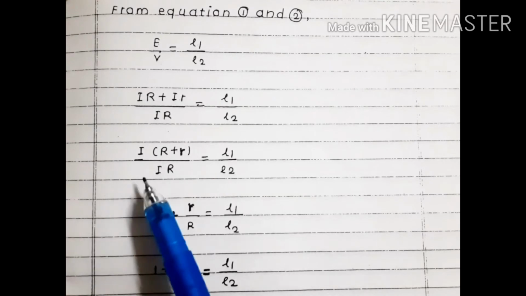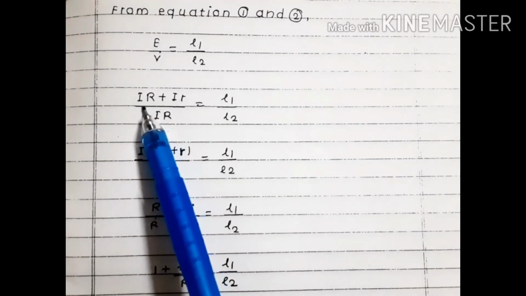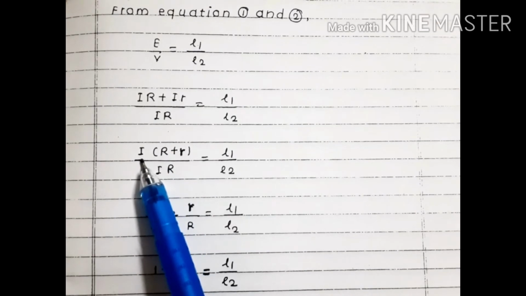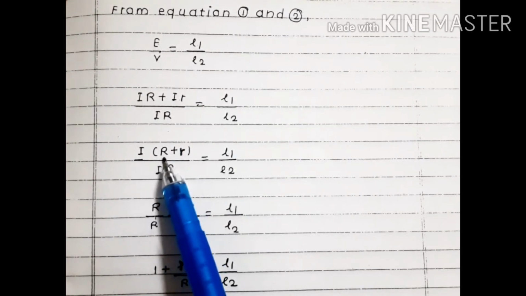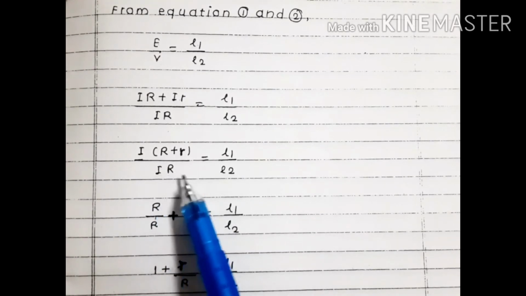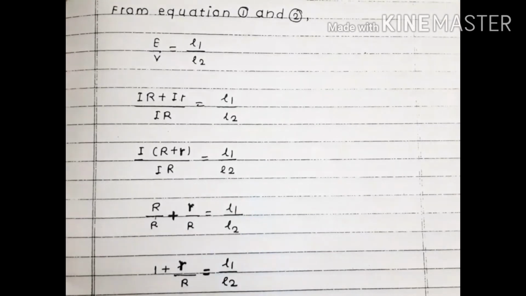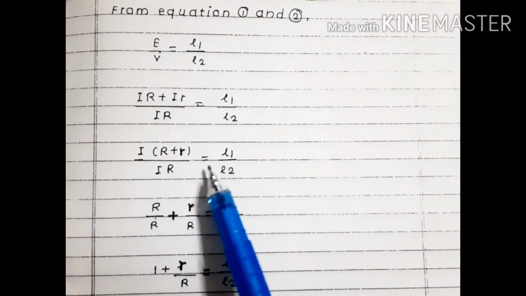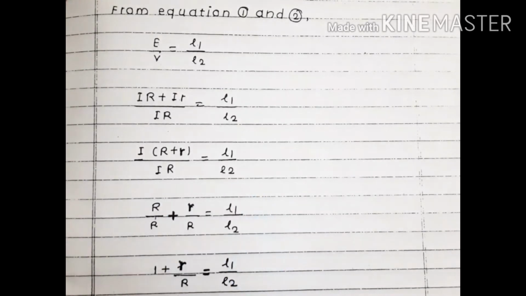Now see the next step. From this step take I common. Here I is taken common, therefore the step becomes I into bracket capital R plus small r divided by capital I into capital R is equal to L1 divided by L2. This I is cancelled. Therefore the remaining terms are capital R plus small r divided by capital R is equal to L1 divided by L2.